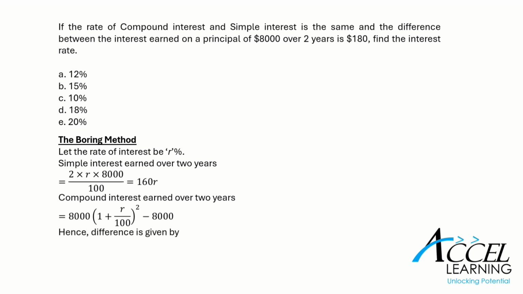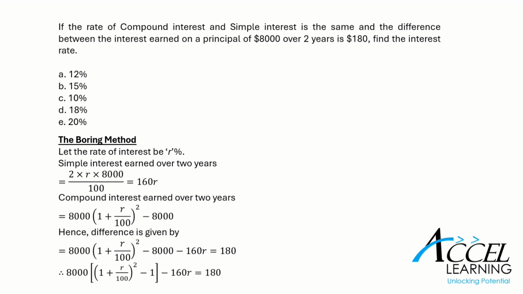Hence, the difference is given by 8,000 times (1 plus R divided by 100) squared minus 8,000 minus 160R equals 180. Therefore, 8,000 times ((1 plus R over 100) squared minus 1) minus 160R equals 180.